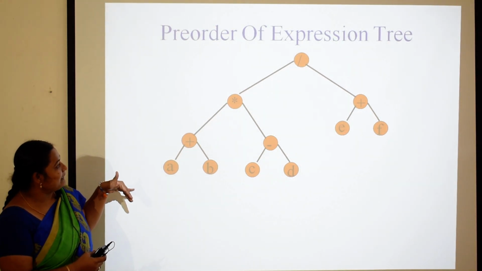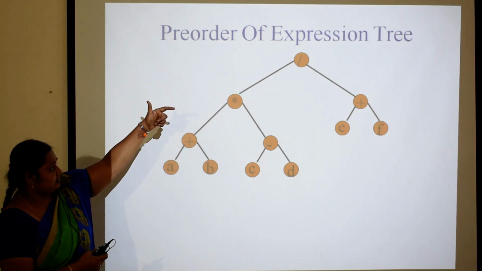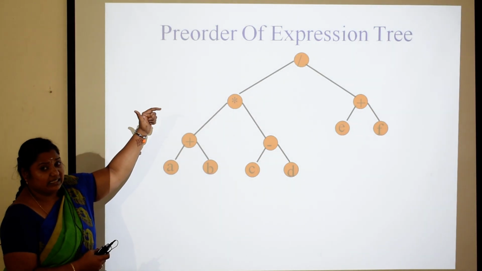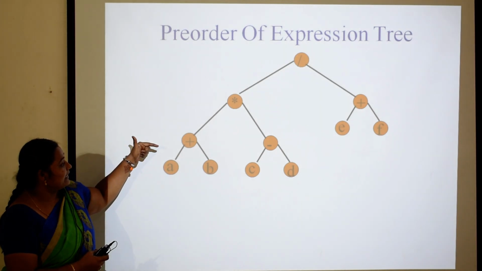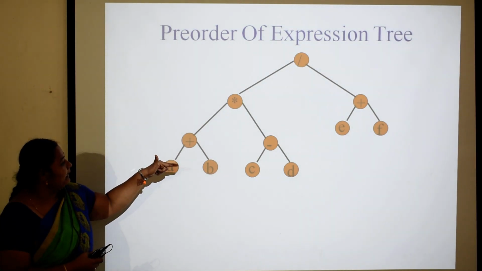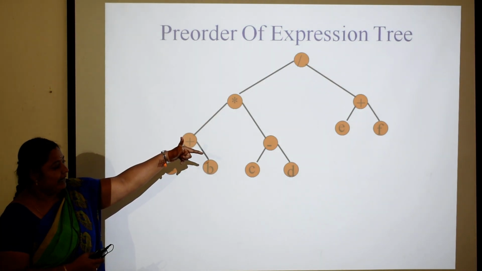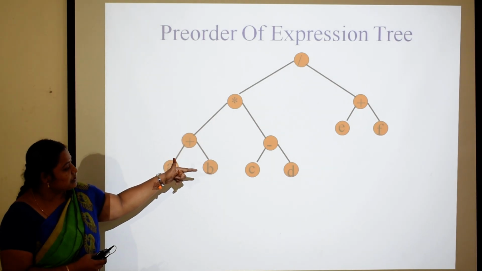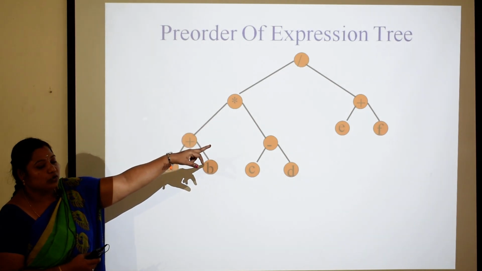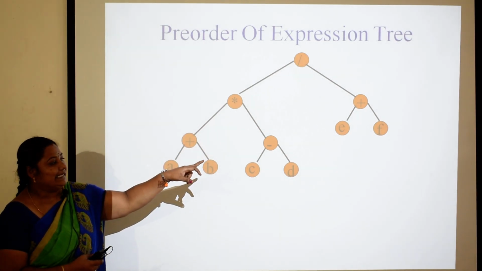So it is printed as first slash, that is division, then multiplication, then addition, then A, then B, then subtraction, then C, then D, then addition, then E and F.